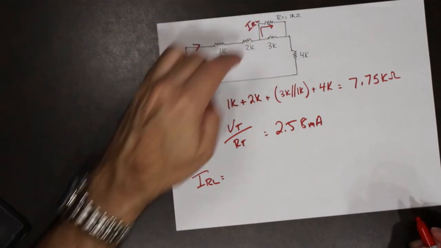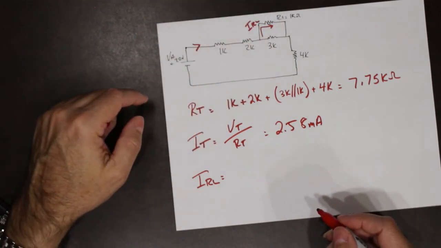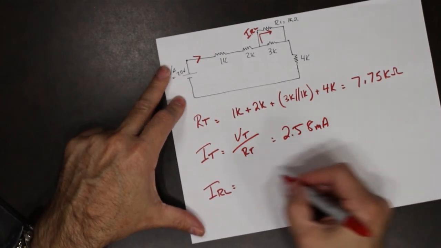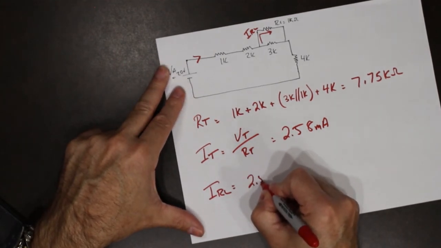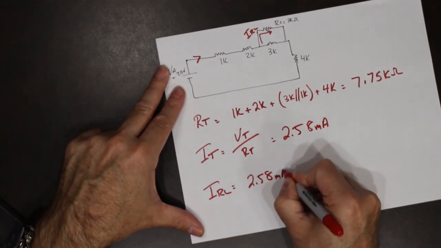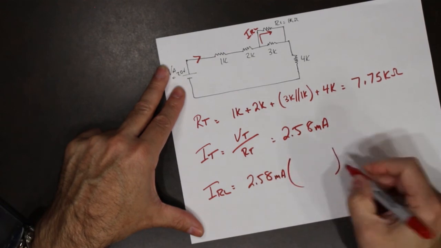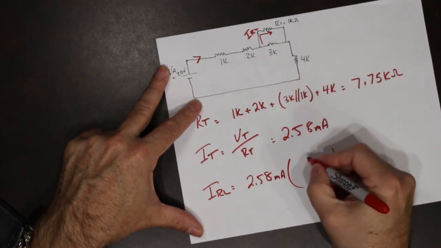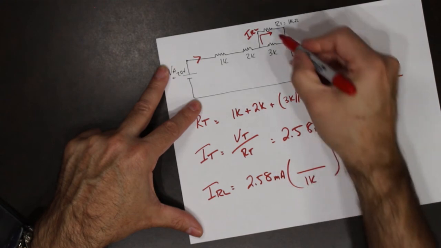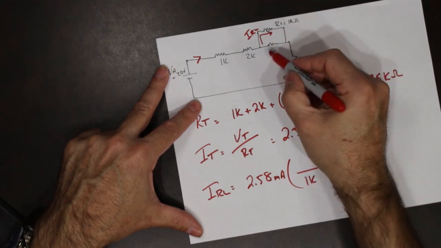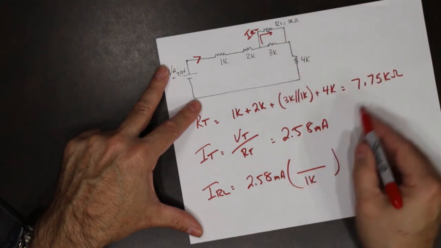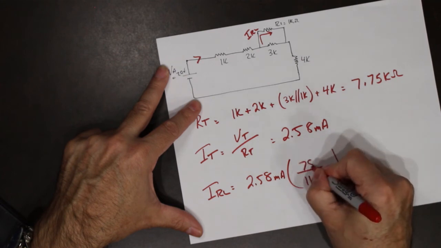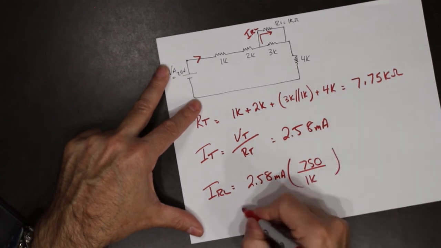How much goes up on top? We can use the current divider formula for that. So we can actually say that 2.58 milliamps, how much is going through the 1K, and the bottom is those two in parallel, so that would be the 750 ohms.